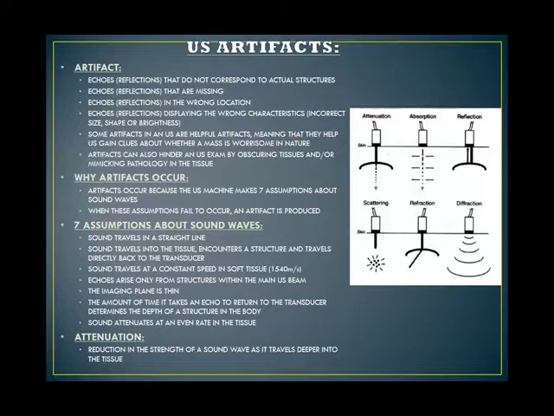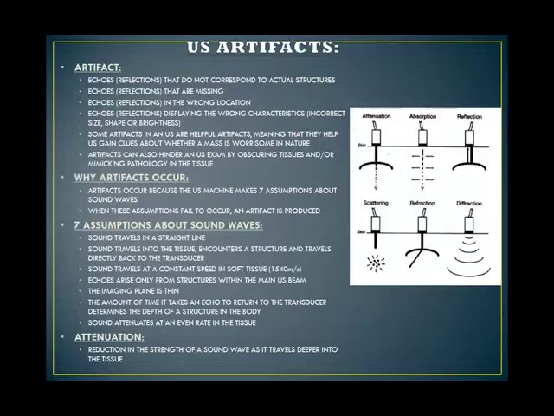Assumption 2, sound travels into the tissue, encounters a structure, and then travels directly back to the transducer as an echo. Many times that happens. Does that always happen? No. Number 3, sound travels at a constant speed when it's in soft tissue, which is 1540 meters per second.